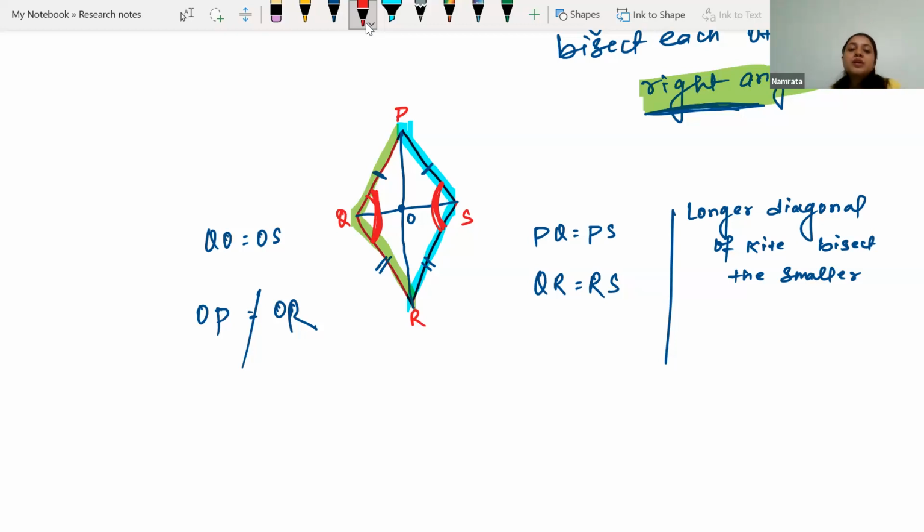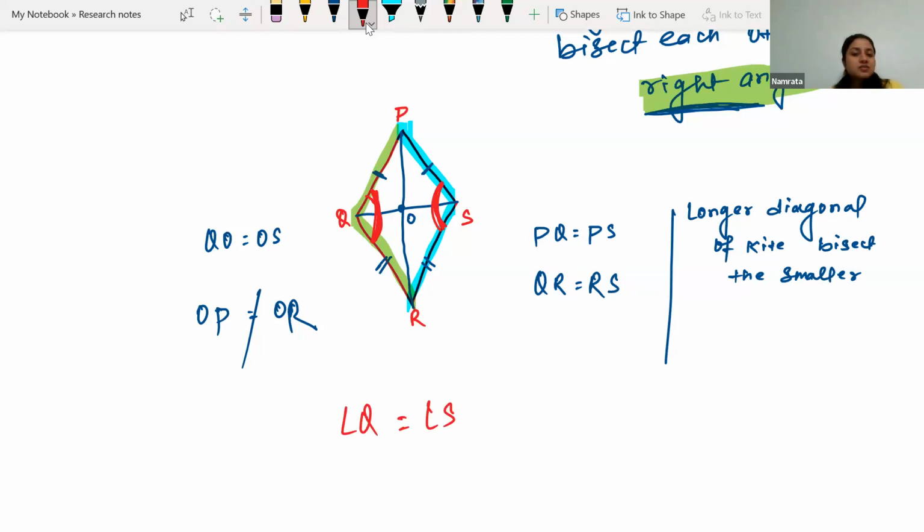And the next property is the angle between the non-equal sides, the two sides which are not equal, and the angle between the other two sides which are not equal, these two angles are of the same measurement. Here angle Q is equal to angle S. This is the property of a kite.